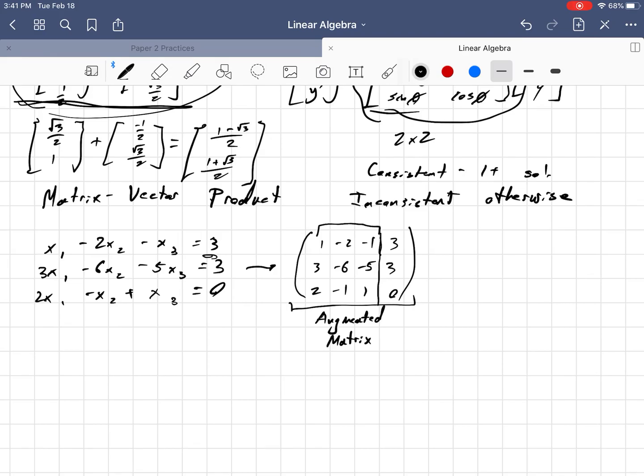We call this part of the matrix to the left of the bar that I've drawn the coefficient matrix, which makes sense. And we call this part to the right of the bar the constant matrix. And it should also make sense. It's what the things are equal to, the constants on the right-hand side.